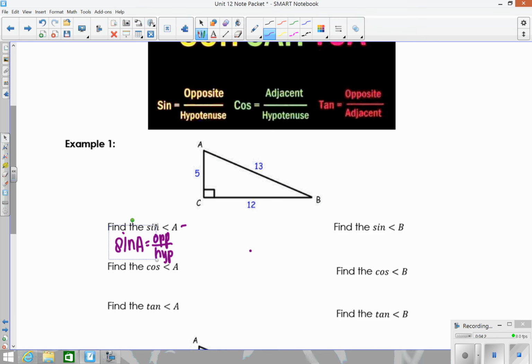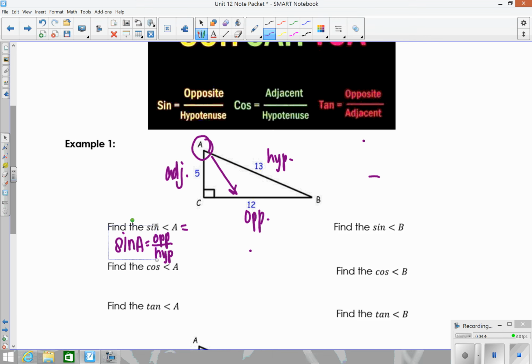So for sine of A, you go to angle A and identify the different pieces here. 13 is the hypotenuse because that's across from the right angle. Opposite angle A is 12. Adjacent to angle A is 5. So if I'm looking at angle A, sine is opposite over hypotenuse.